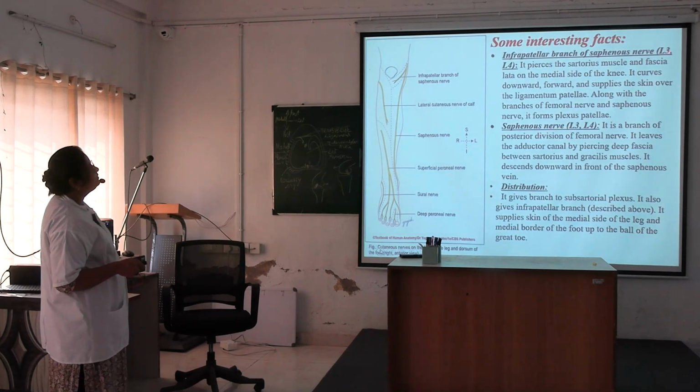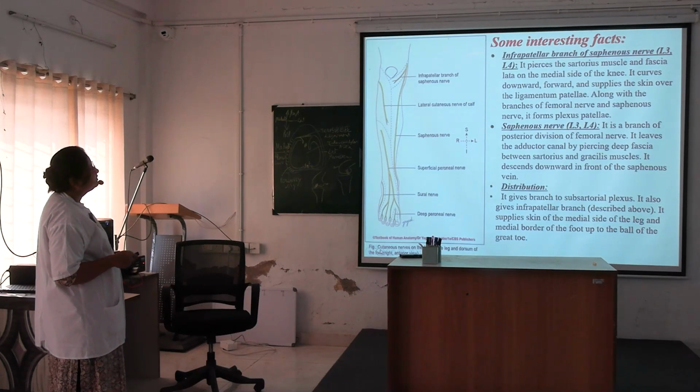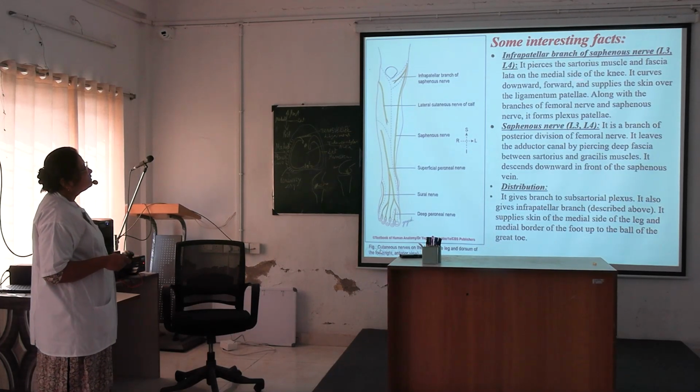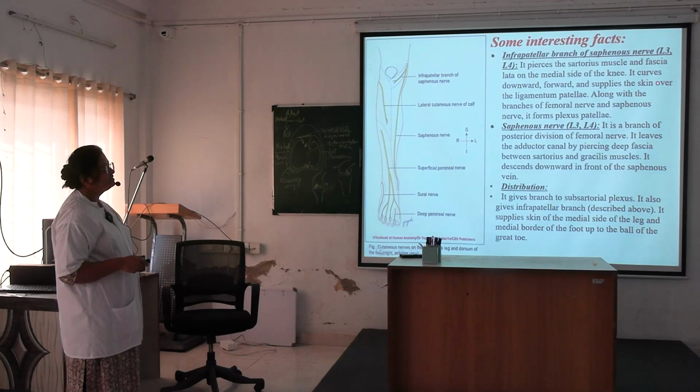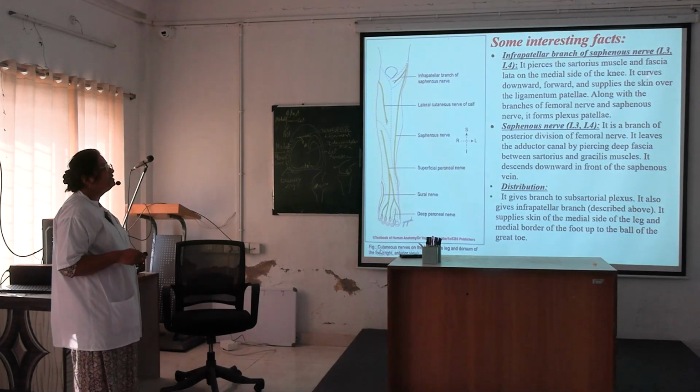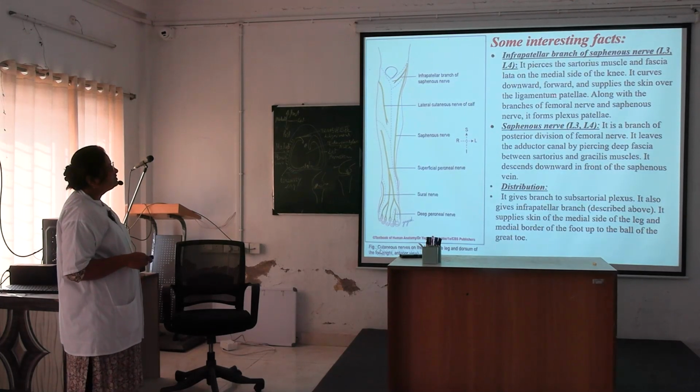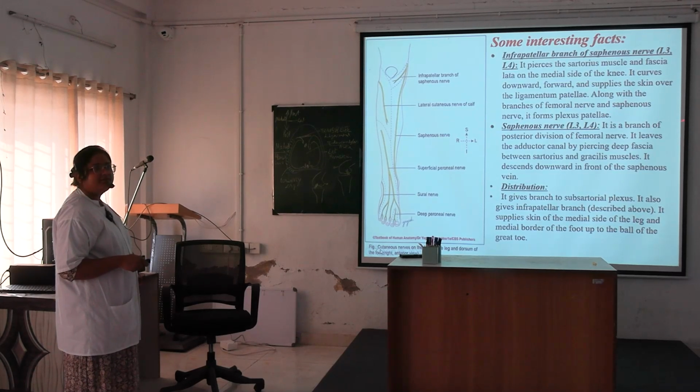So infrapatellar branch of saphenous nerve, root value is L3, L4, pierces the sartorius muscle and fascia lata on the medial side of knee. It curves downward, forward and supplies the skin over ligamentum patellae. Along with the branches of femoral nerve and saphenous nerve, it forms plexus patellae, the patellar plexus.